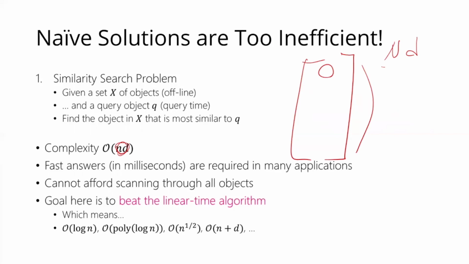So the complexity is going to be nd, right? It doesn't really sound terrible because it's a linear complexity. But when you have a large set of data, even linear complexity is not so good. So the goal really here is to beat the linear time algorithm, which is quite difficult.